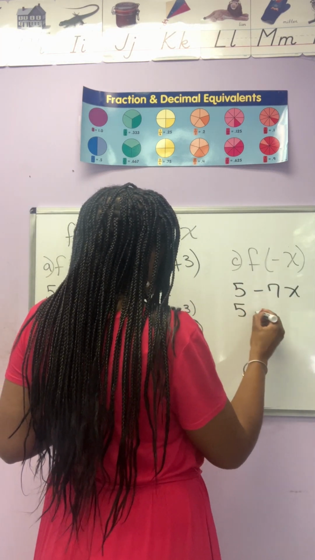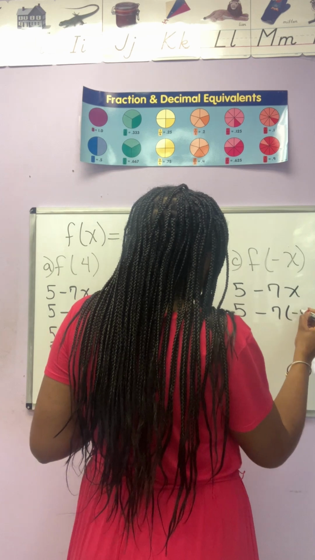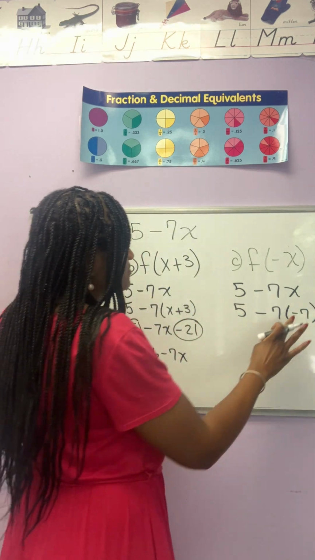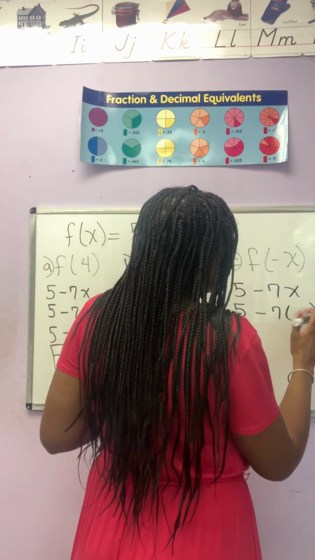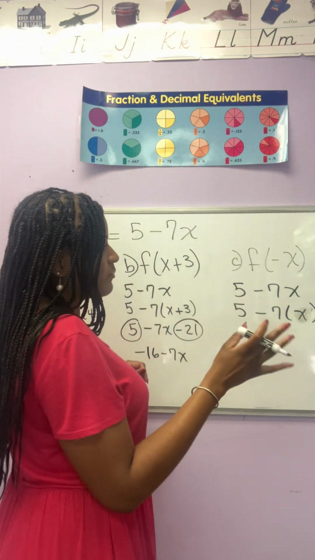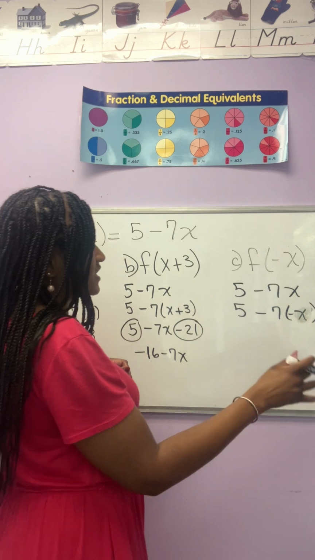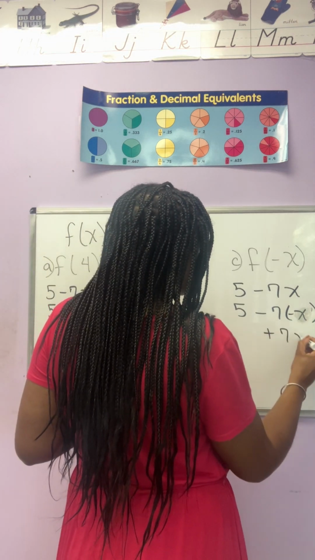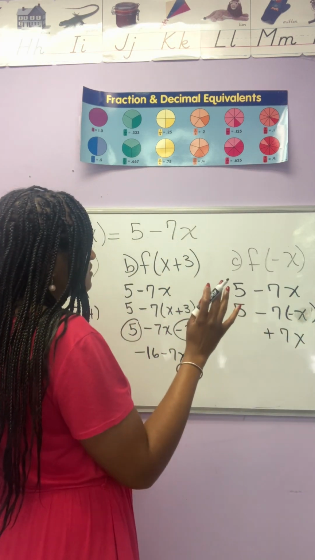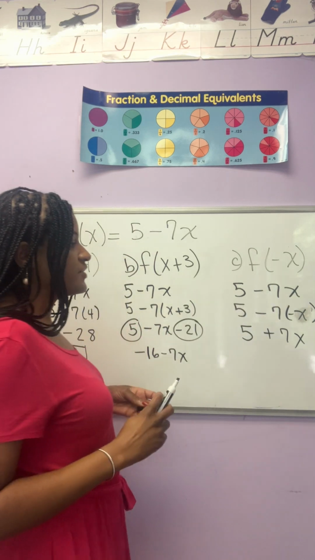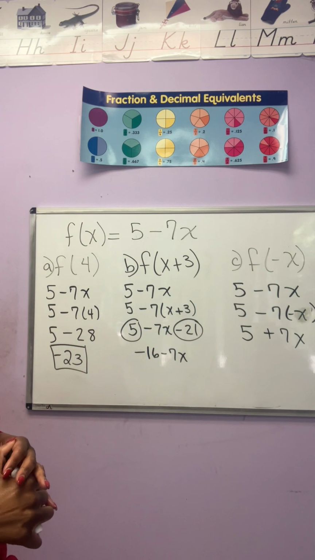So I'm going to plug in negative x. Again, we multiply first. Negative 7 times negative x is positive 7x. 5, well, you just bring down the 5. There's nothing to do with the 5. And you can't combine these because they're not like terms.